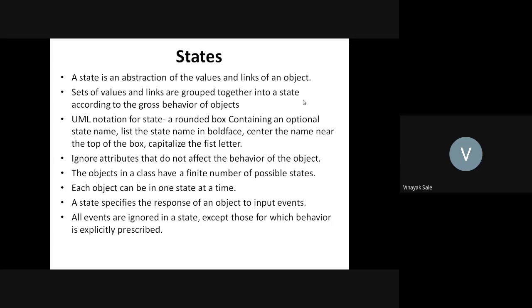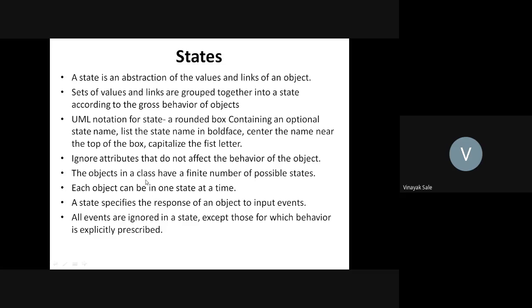The UML notation for a state is a rounded box containing an optional state name, and the list. The state name is in a bold font. Center the name near the top of the box, capitalize the first letter, then ignore attributes that do not affect the behavior of the object.